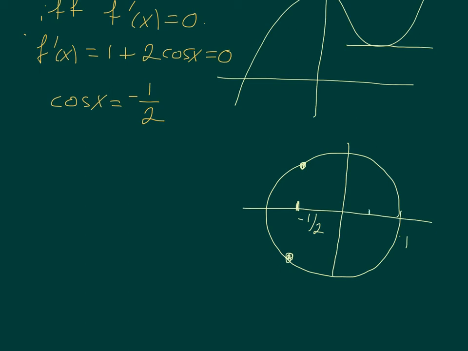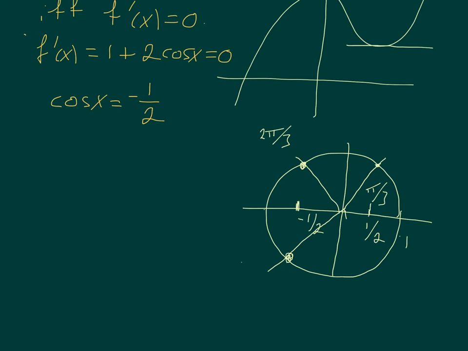Well, you might begin by remembering where is cosine of x equal to 1/2? Well, it's equal to 1/2 right here, and that is the angle pi by 3. So if this is the angle pi by 3, then this angle here is pi by 3 plus another pi by 3, which is 2 pi by 3. And this angle down here is equal to, well, we've added one more pi by 3, and then one more, so we're at 4 pi by 3.